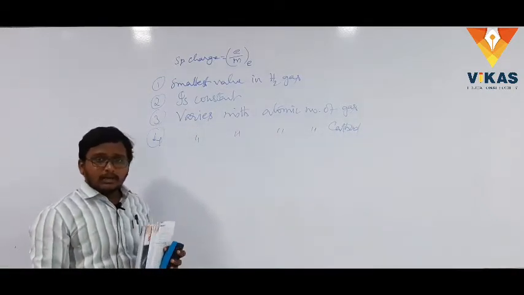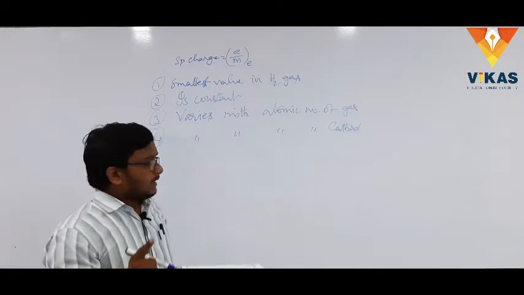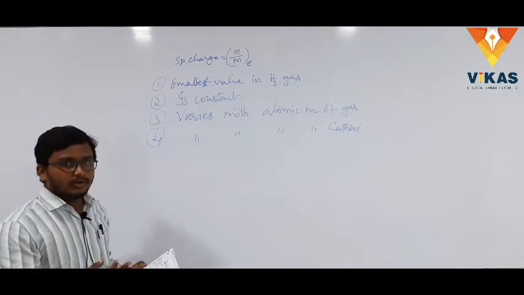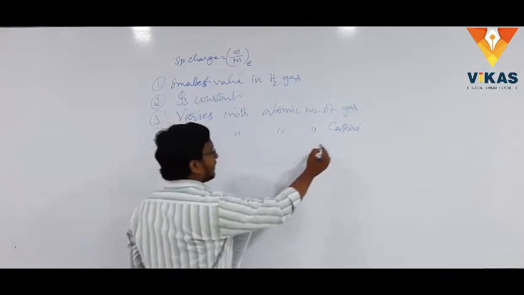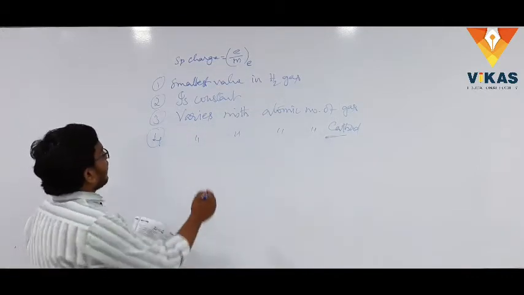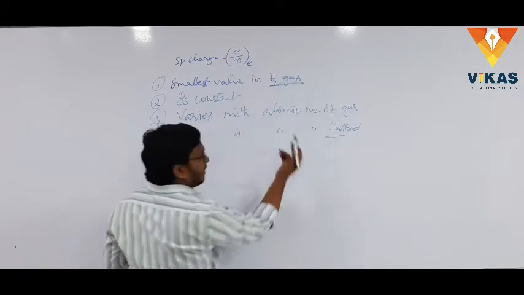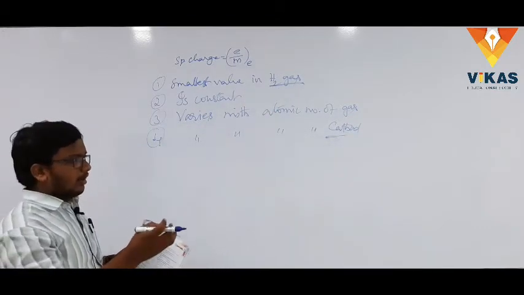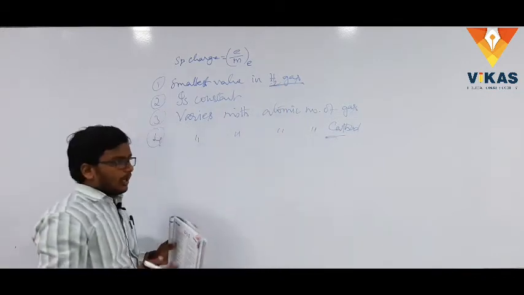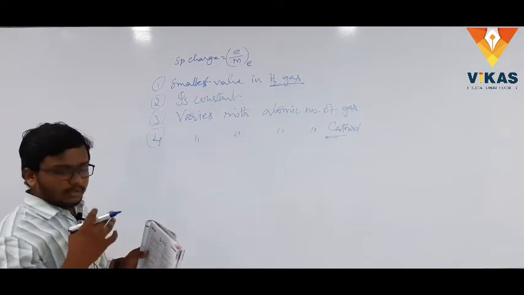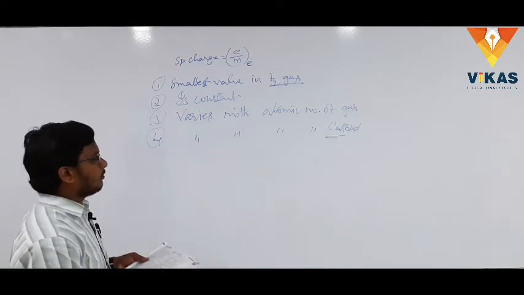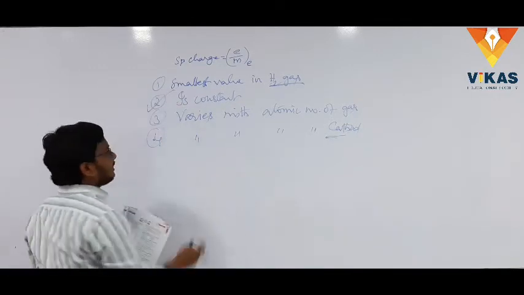Do you remember that in the cathode ray tube experiment, it is constant irrespective of the gas we are using, and also irrespective of the cathode we are using. Whatever the material you are using, you are able to observe the cathode rays. And again, they are asking about a specific gas, whether it is smallest or largest using the specific gas. So it is constant using anything, whatever gas we are using or whatever cathode and electrodes we are using. So the correct option will be that it is constant.